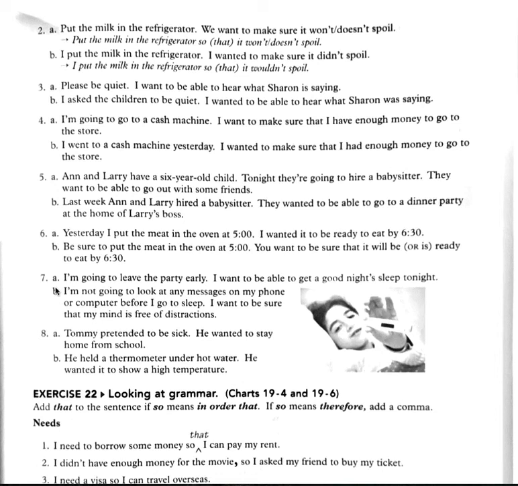B. I'm not going to look at any messages on my phone or computer before I go to sleep. I want to be sure that my mind is free of distractions.